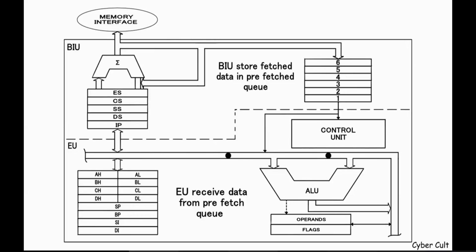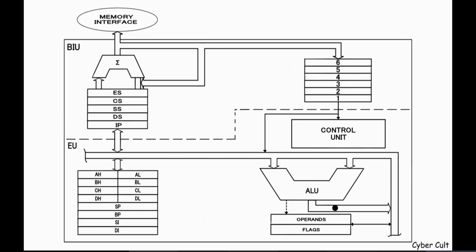Tell me. The next part was the next instruction where we are adding two numbers which are stored in BL and CL, and they'll pass through the ALU. The ALU will add them and the result will be loaded back to the accumulator. Fine.